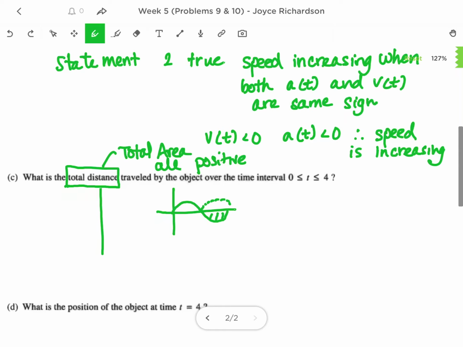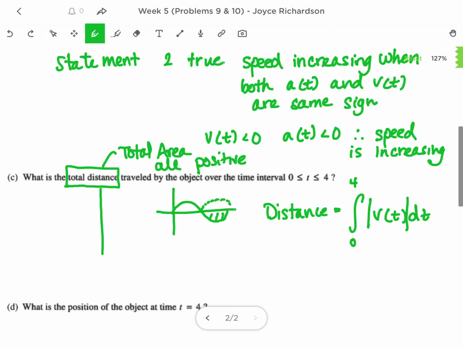And one way I can do that is by saying that the distance is going to be equal to the integral from 0 to 4, not just of v of t, because v of t is going to give me that signed area, which gives me the total displacement.